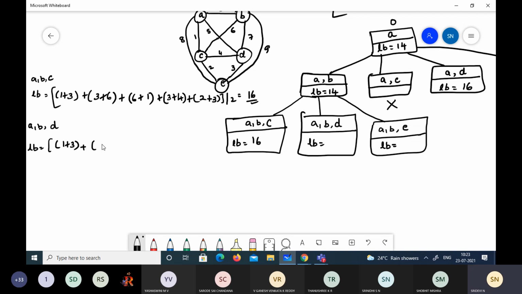A to B is already fixed, 3. Among 6, 7, 8 we cannot select the small. This is fixed now. B to D is fixed. So we will take B to D only.